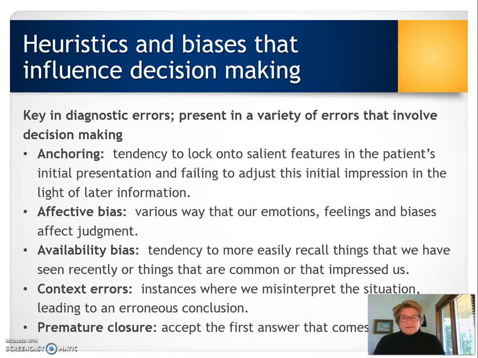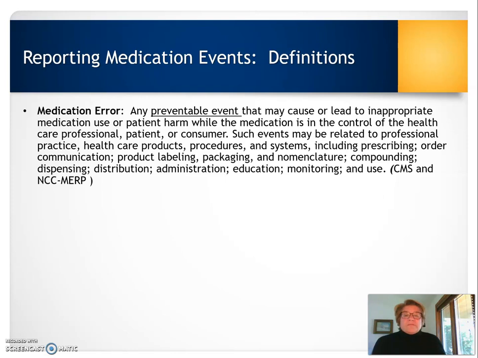And that's a trick in the mind. Sometimes anchoring, affective bias. Sometimes you feel something about a patient, maybe patients like your grandma or something, or context errors. So all of those things are very interesting to read about. There's a nice section on it in Wachter.